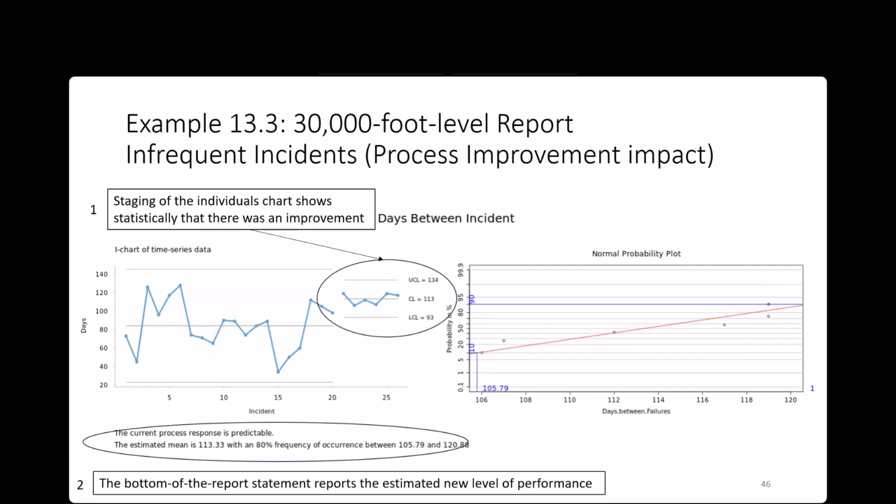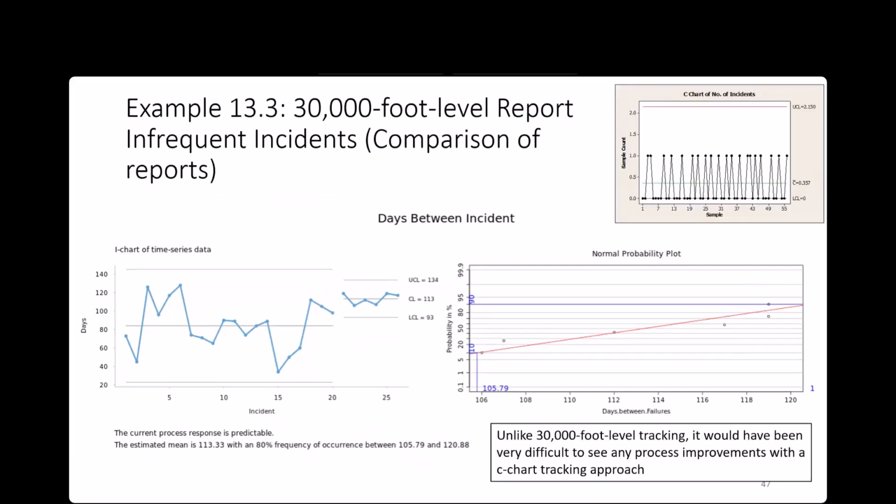And now we look at the bottom and say, well, now we've got 113 days between incidents. If we compare them, we can see it's quite different looking. It would be very difficult if we used the C chart to see if we had any type of improvement. But if we're looking at time between incidences for these infrequent occurrences of failures, then we can actually identify when the process changed quite quickly.